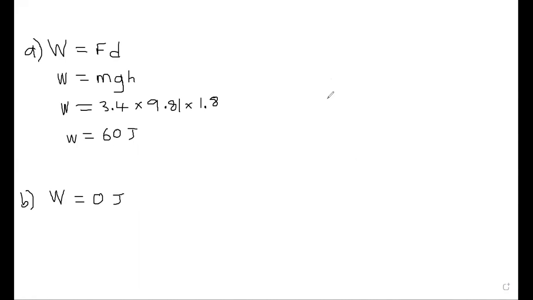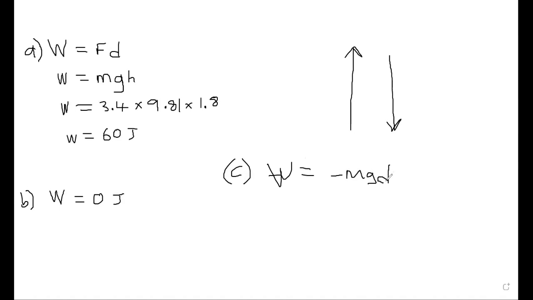Negative work, because you lifted something from the ground, you did positive work. When you get it back to the ground, you do negative work. Hence, for C, you are going to do negative work. Negative mgh. So you substitute the same values, but you're going to get negative 60.